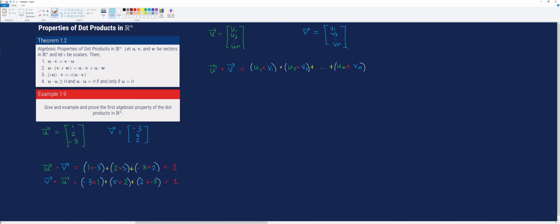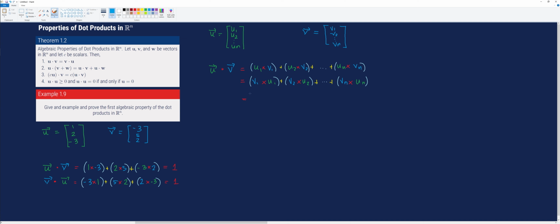Since these components are real numbers, we can interchange their position because multiplication is commutative, giving us v sub 1 times u sub 1 plus v sub 2 times u sub 2 plus all the elements in between until we reach v sub n times u sub n.